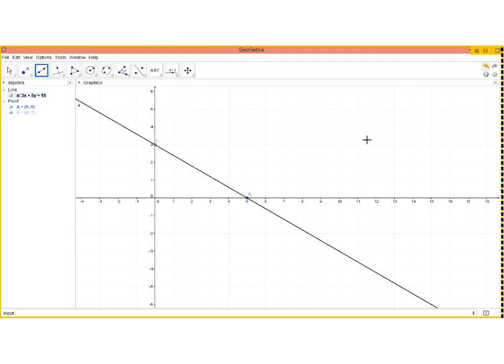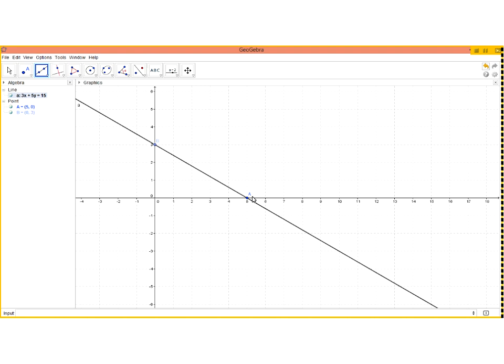Now it also wants me to write the equation in slope-intercept form. So remember, in slope-intercept form we need the slope and we need the y-intercept. We have the y-intercept, it's 3. Now we need the rise over run.